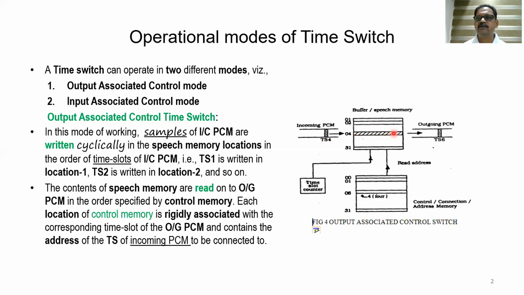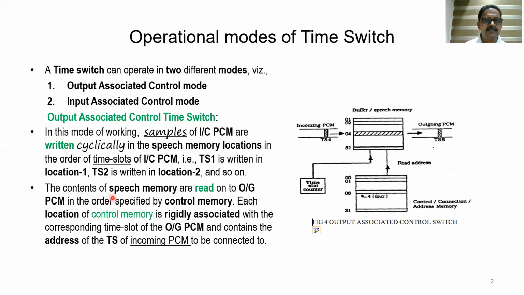If it is time slot 1, it will be written here. If time slot 2, here. Time slot 31 means here. So this is how we cyclically write the information of the various time slots in the incoming PCM.